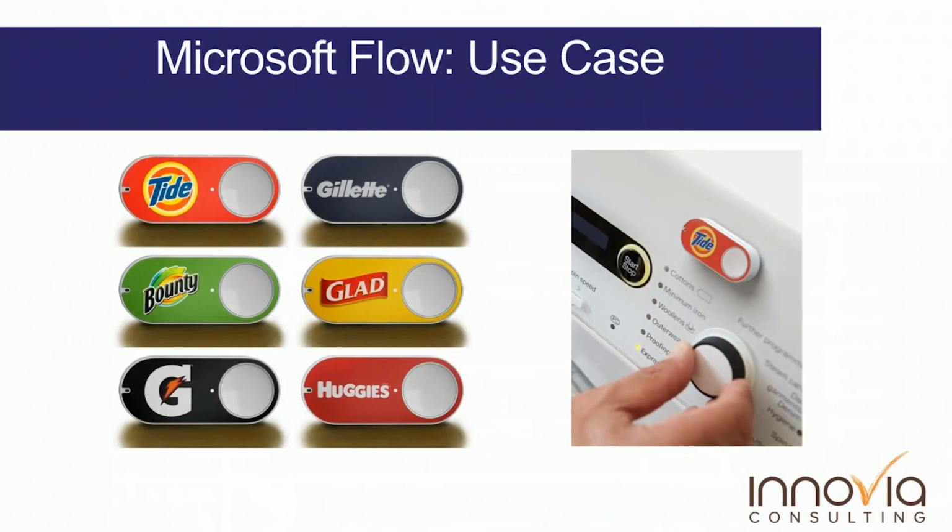So when we think about how to get creative with Flow, I hope some of you recognize these little buttons as Amazon Dash buttons. And so the concept here is that you get this button from Amazon, and you see the picture there. You can put it on your washing machine, maybe next to wherever you keep your paper towels, or on a fridge where you keep your Gatorade.